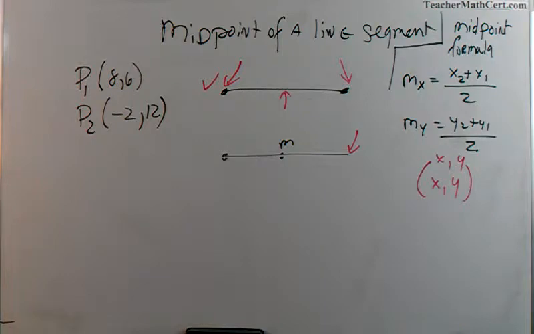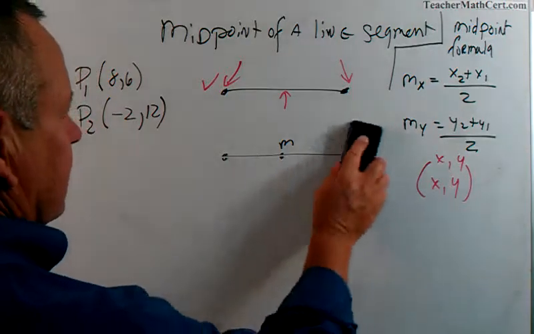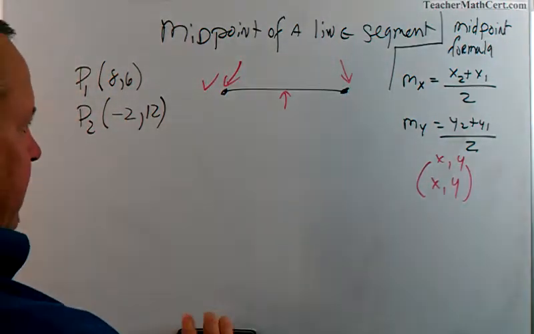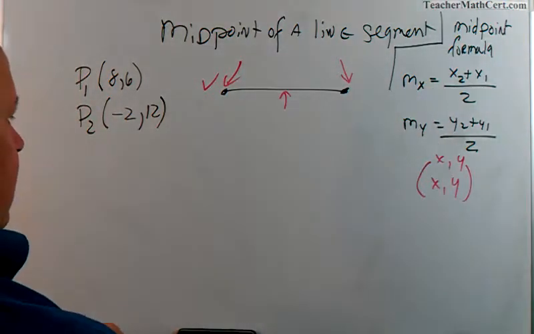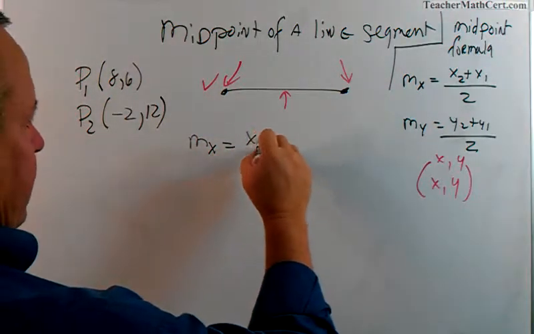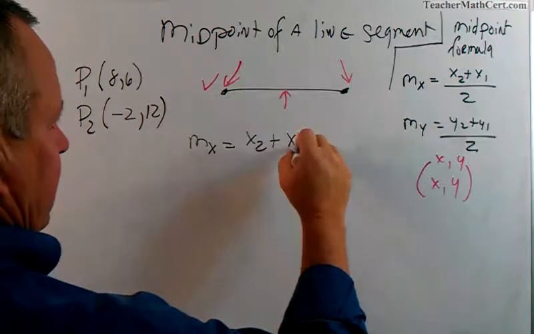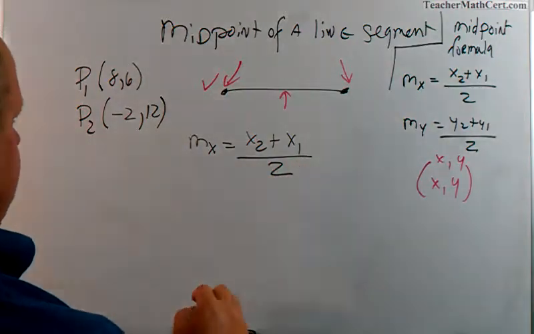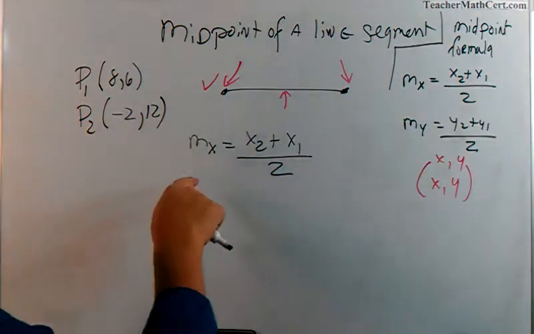Alright. So this is the first type of example we're going to do. The formula is m sub x is equal to x sub 2 plus x sub 1 divided by 2. Just plug and chug.